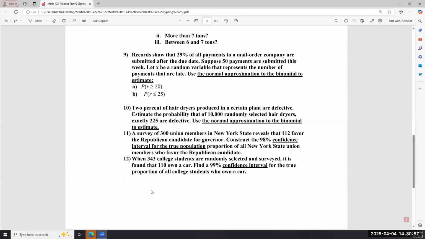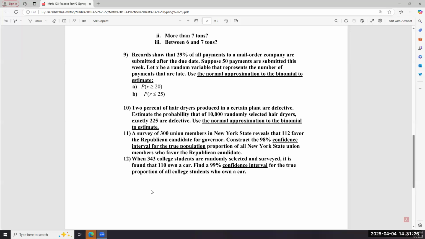2% of hair dryers produced in a certain plant are defective. Estimate the probability that in a sample of 10,000 randomly selected hair dryers, exactly 225 are defective. Use normal approximation to the binomial. By itself it is a binomial case, but the sample is 10,000.